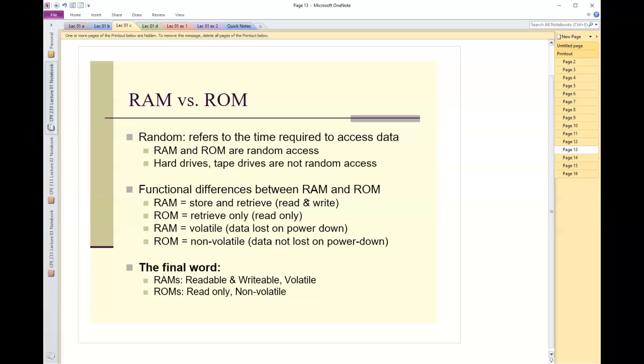ROM, read-only memory, typically you can only read, but when you turn the power off, you retain the data. So these are the accepted differences. There are lots of gray areas, such as thumb drives, where you can write to it, you can pull it out, and the data's still there, but you can't write to it.